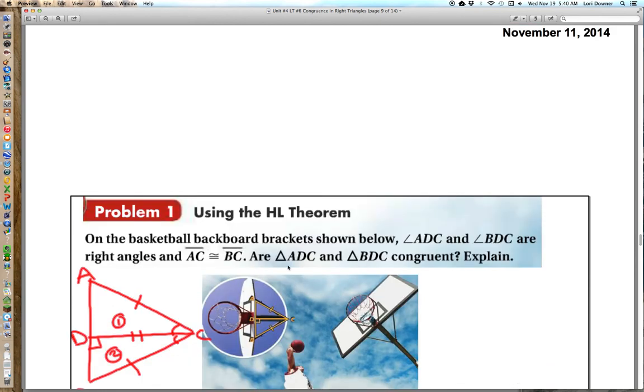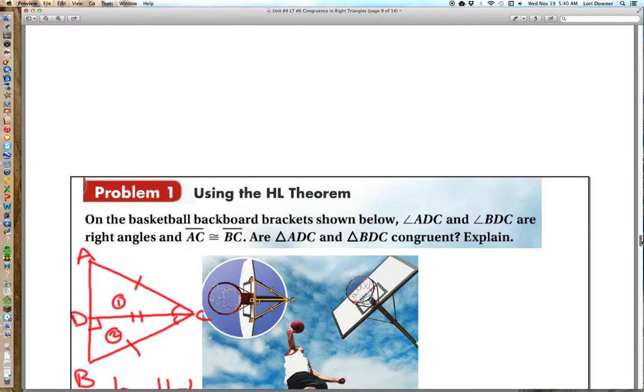Let's look at the HL theorem here. We have that on a basketball bracket, so in the back of the basketball hoop, you can see right here the triangle that's formed. That triangle is highlighted right here with triangle ABC. We have point D here. What we know is that this is a right angle and that these two sides are congruent. Knowing that, is it enough to say that these two triangles, 1 and 2, are congruent? And it is enough because we have DC congruent to DC by reflexive property.